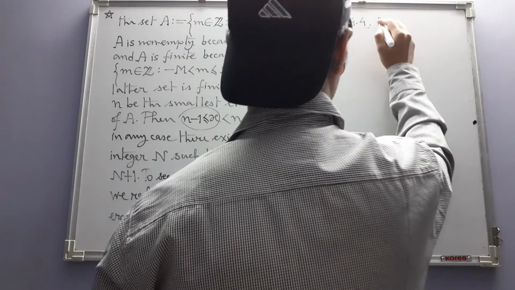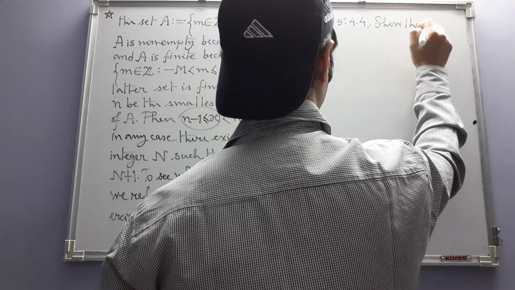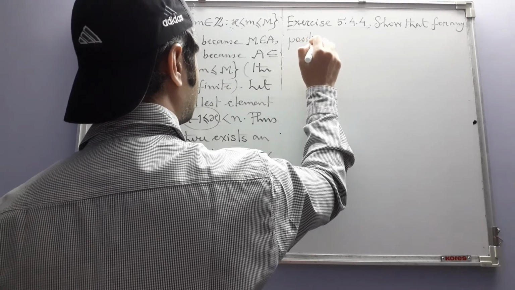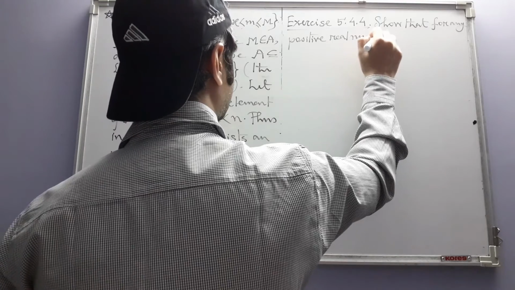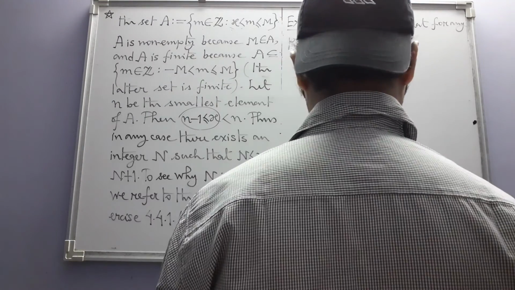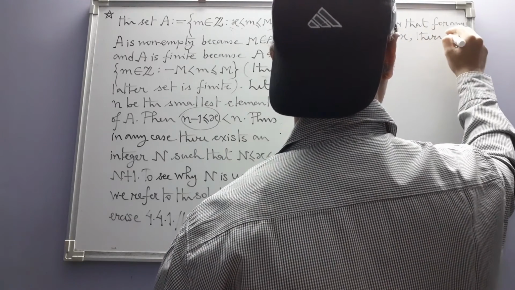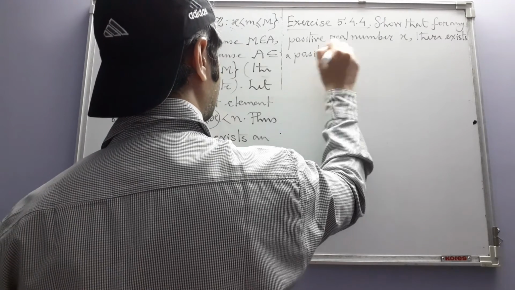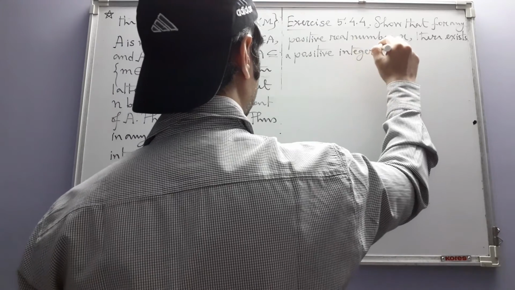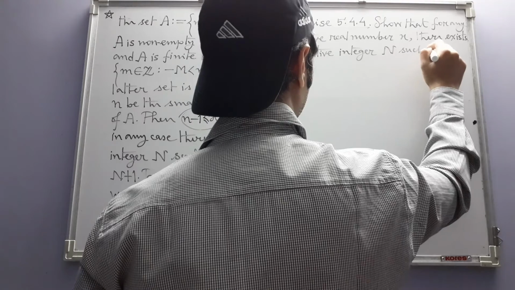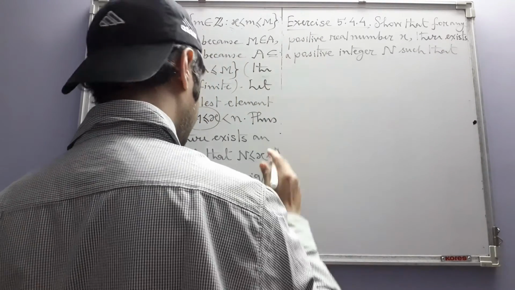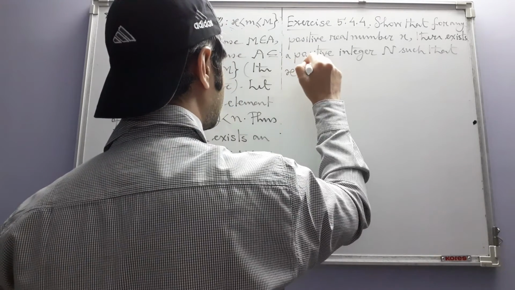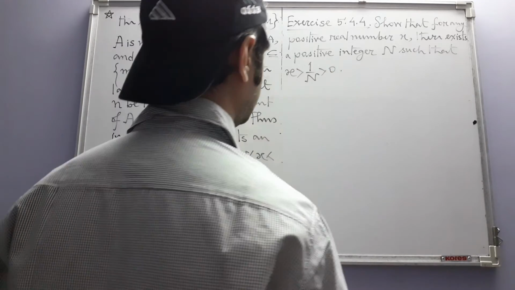Show that for any positive real number x, there exists a positive integer n such that 1 by n is less than x, which is greater than 0.